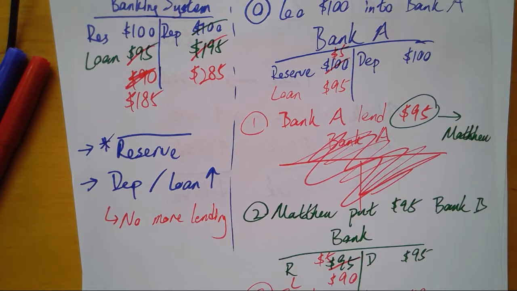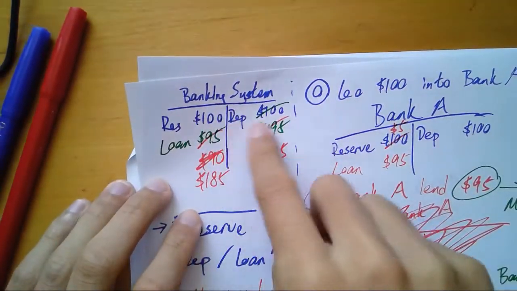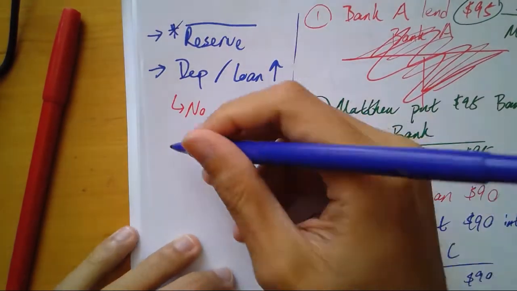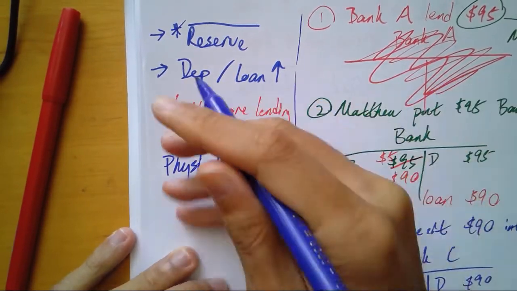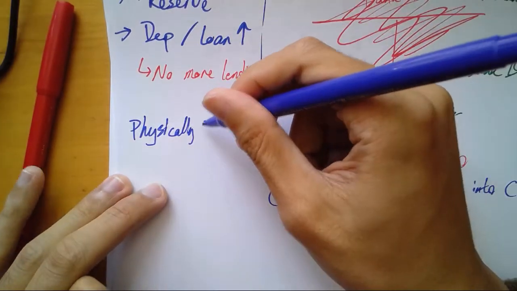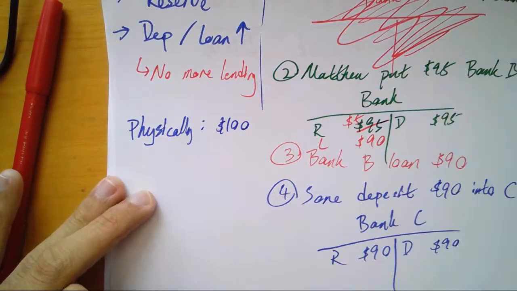Okay, 好嘛？Now this is the process. Now think about it. Remember, in this banking system, okay? Now, what is the physical money? Physically existing. 原來啦，實質現兜兜印咗出嚟嘅 physically existing is the reserve of 100, right?